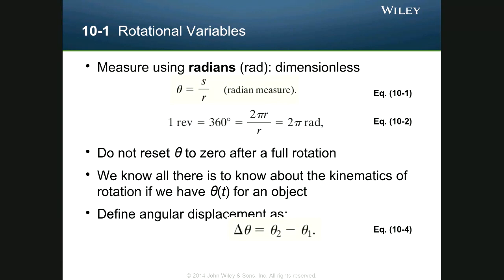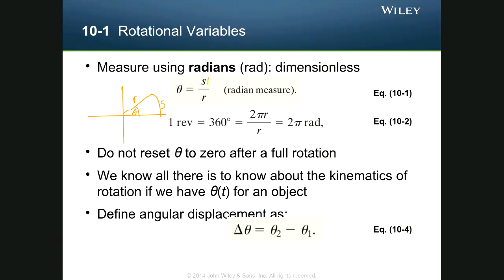If we have a coordinate system, so when we look here, you'll have some arc S, some radius R, and then an angular displacement of theta. All right? So you'll notice that this all sort of makes sense.